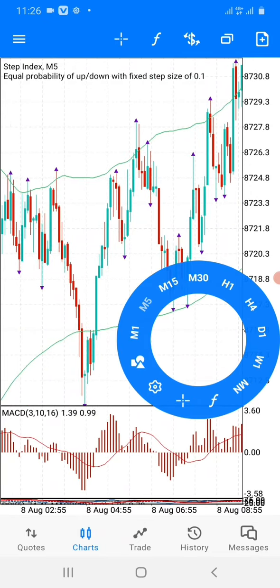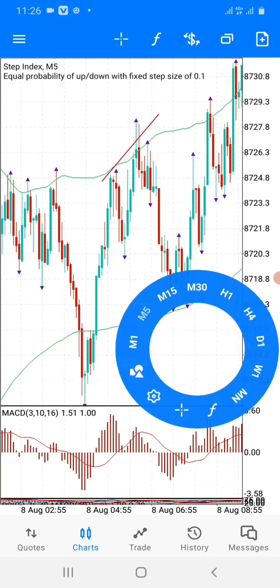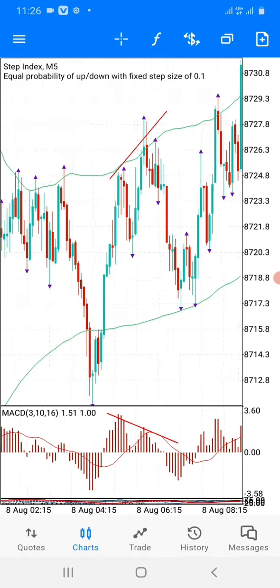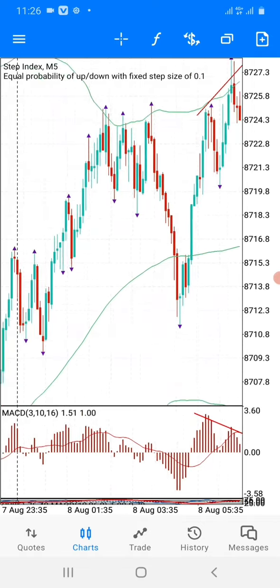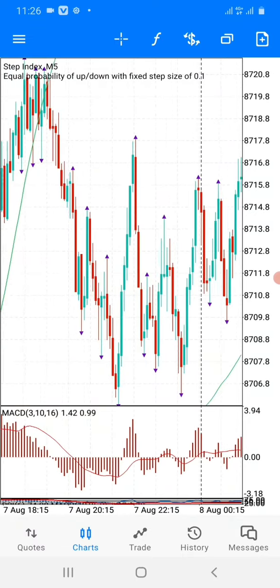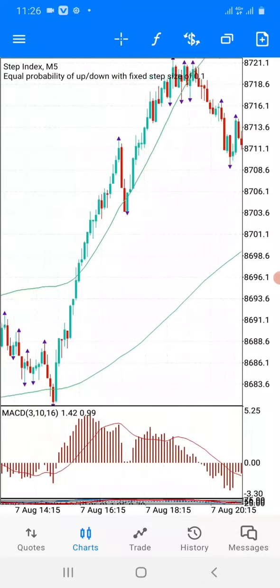We can have another one here, and then we see this short move here, which happens at our upper Bollinger Band. So these things keep happening and presenting themselves often in the market.